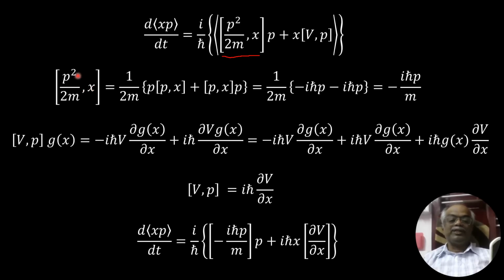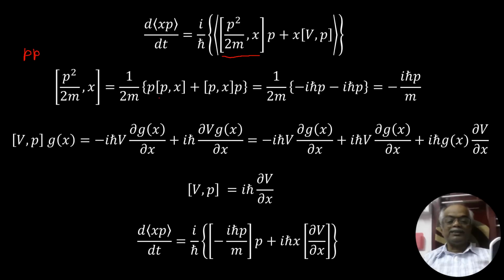Here you take the constant 1 over 2m outside. p squared can be written as p times p. Using the commutator expansion, you take the left-hand side p to the left, and you will get p times the commutator of p with x. Similarly, the right-hand side p goes to the right, so you will get the commutator of p with x.